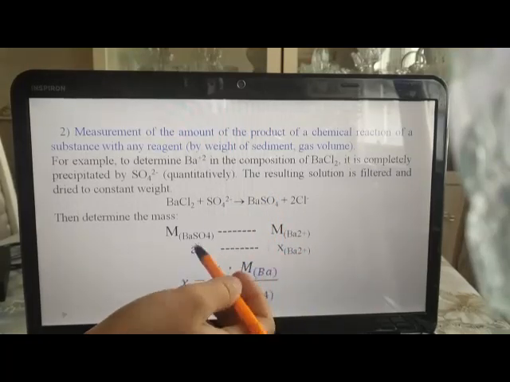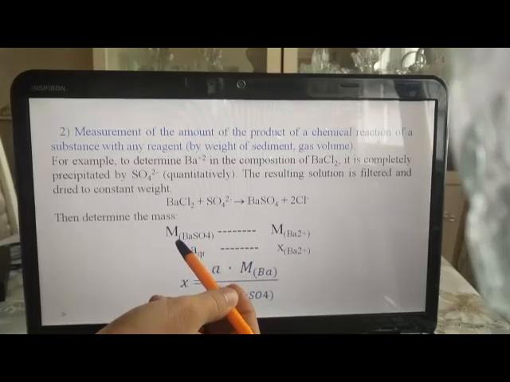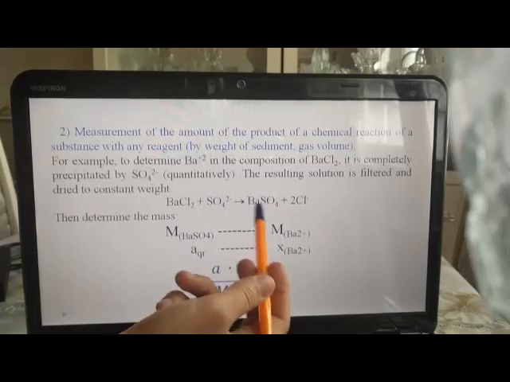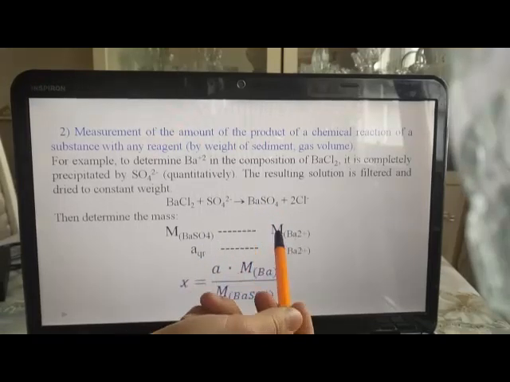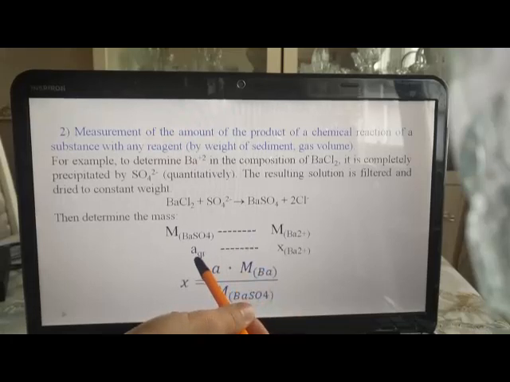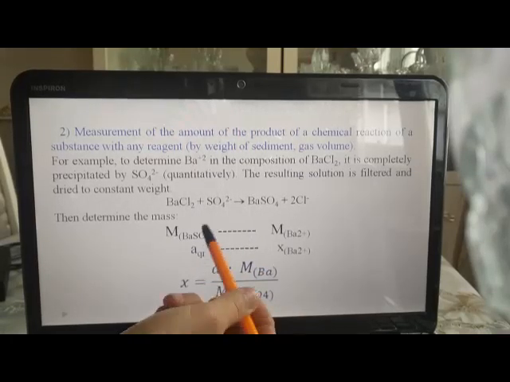We use the proportion method. By the proportion, the molecular weight of the barium sulfate precipitation form to the molecular weight of barium ion, and the molecular weight of the A substance.